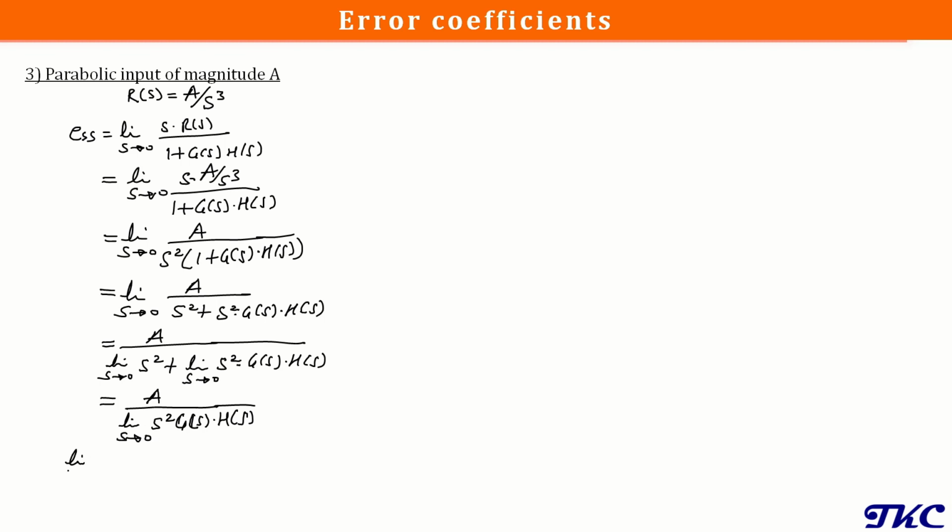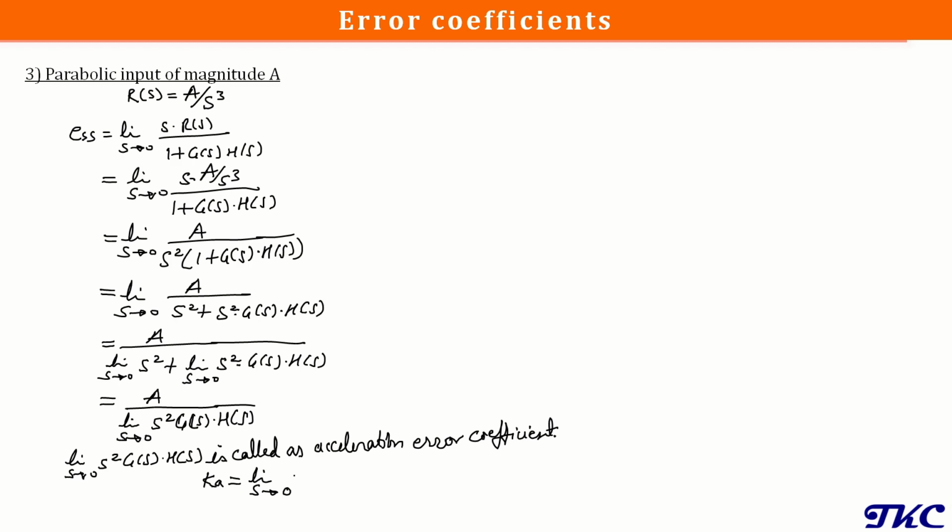Now here this sum in the denominator is called the acceleration error coefficient. So limit s tends to 0 s square g of s into h of s is called the acceleration error coefficient, and that we represent by Ka. So Ka will be equal to limit s tends to 0 s square g of s into h of s.